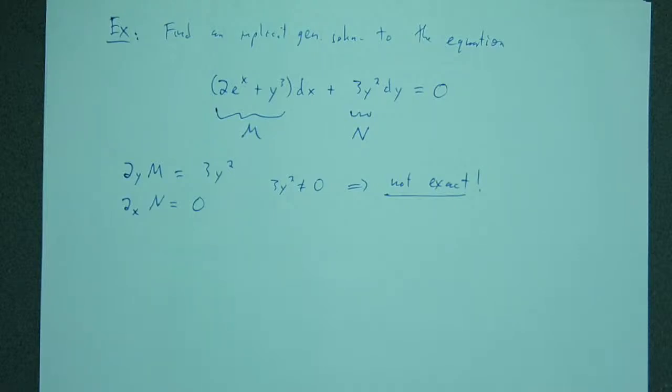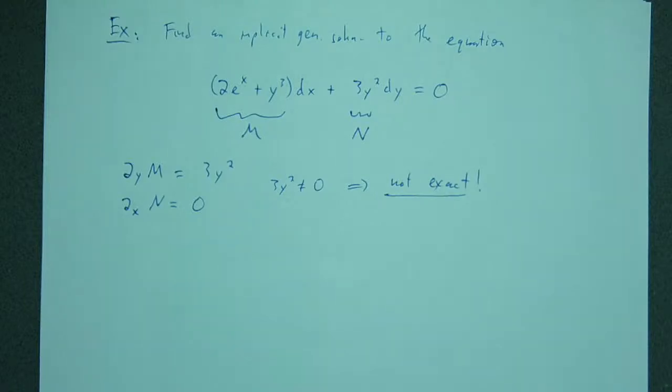You'd either get to something like 0 equals 0, or you'd be unable to actually finish what you're doing. So always check exactness so that you don't waste too much time trying to do something that's impossible. So this is not exact. How do we proceed from here?